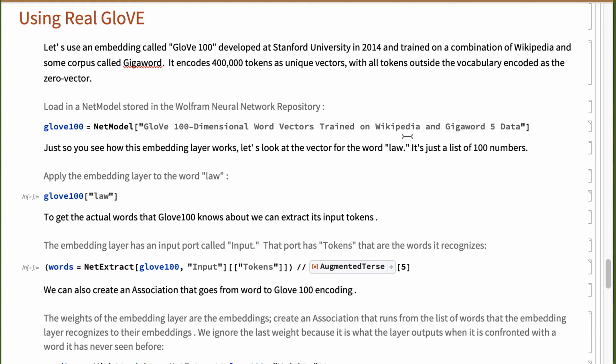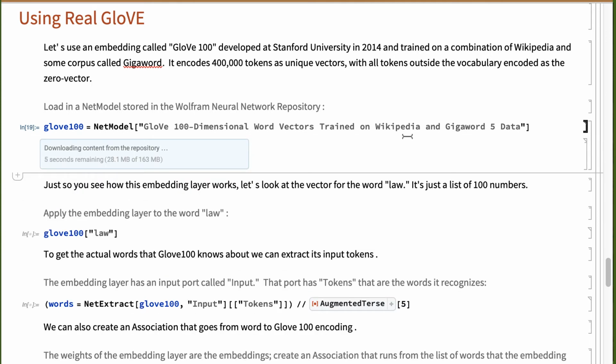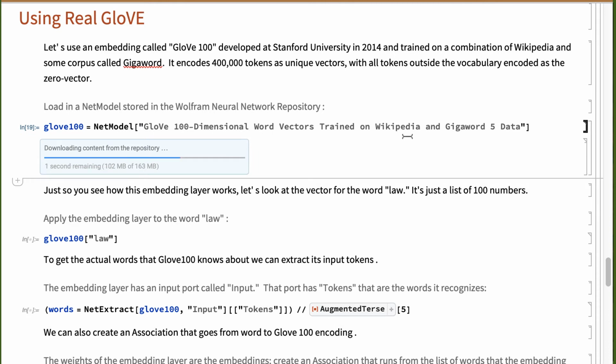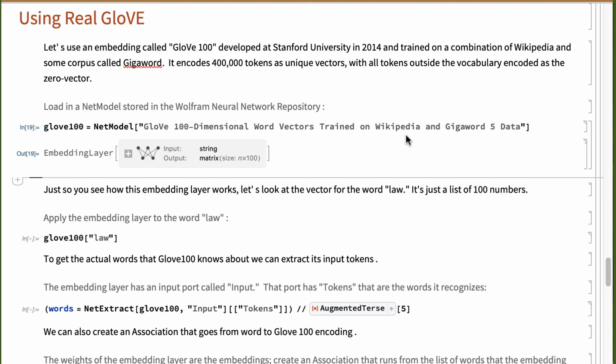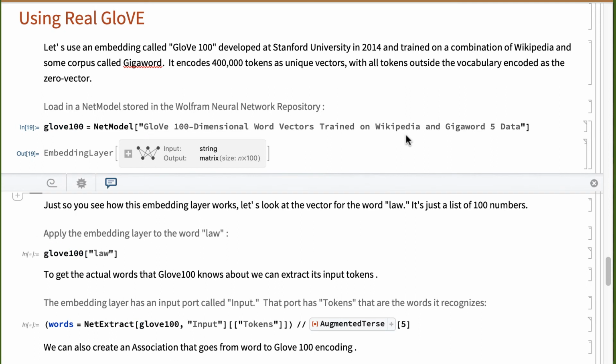All right, let's load that up. I guess there's another version that's 100-dimensional, and it's downloading a lot of stuff. And there we go. We've got our embedding layer.